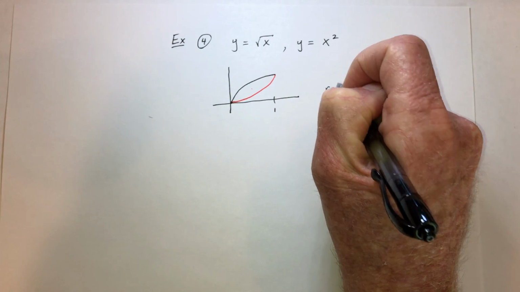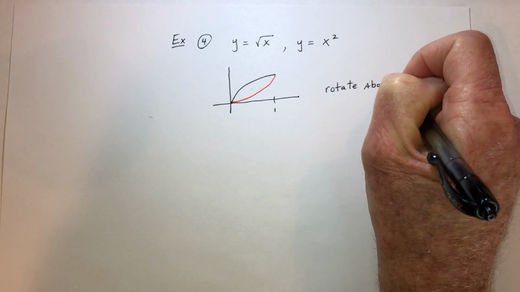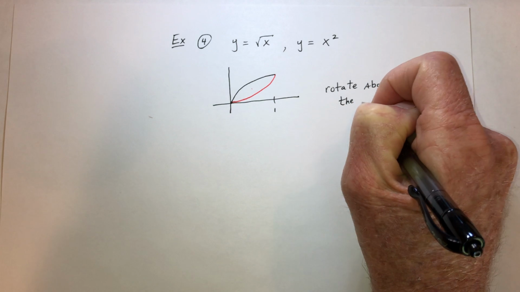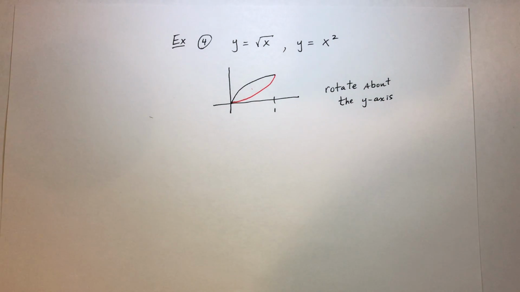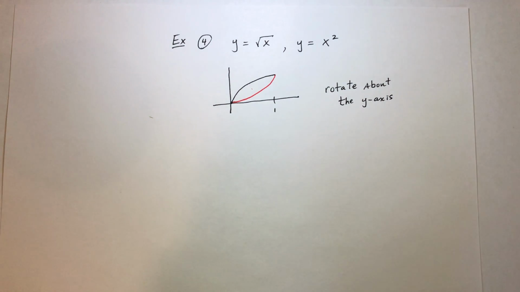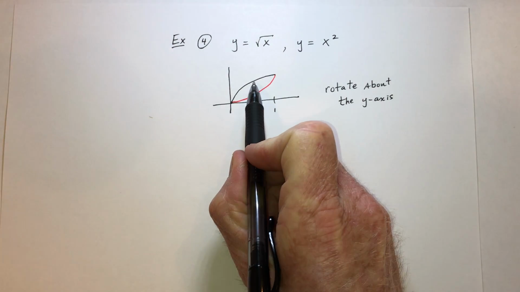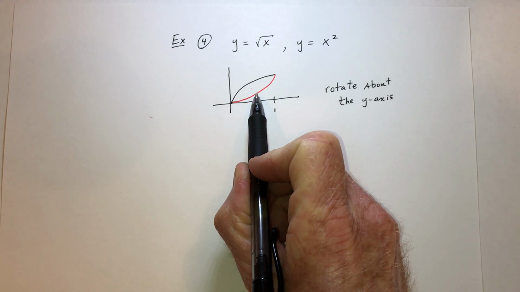And then rotate about the y-axis. So let's see, which way do we put the rectangle? Well, if you put it vertical, it's going to go from the black function to the red function.